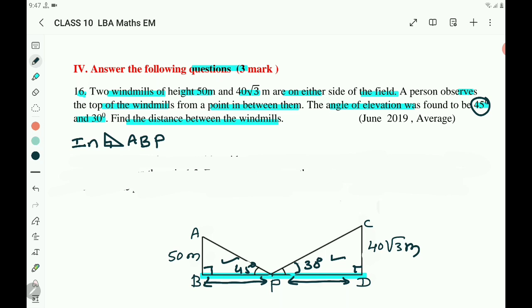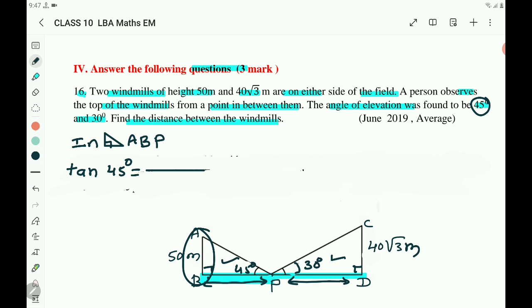So you take in the right angle triangle ABP. Here AB is given. We have to find out BP, and AB is opposite side for angle 45 degree and BP is adjacent side. Which trigonometric ratio is having opposite side by adjacent side? That is tan theta. So you take tan 45. Here theta is 45 degree. Then tan 45 degree is equals to opposite side by adjacent side.